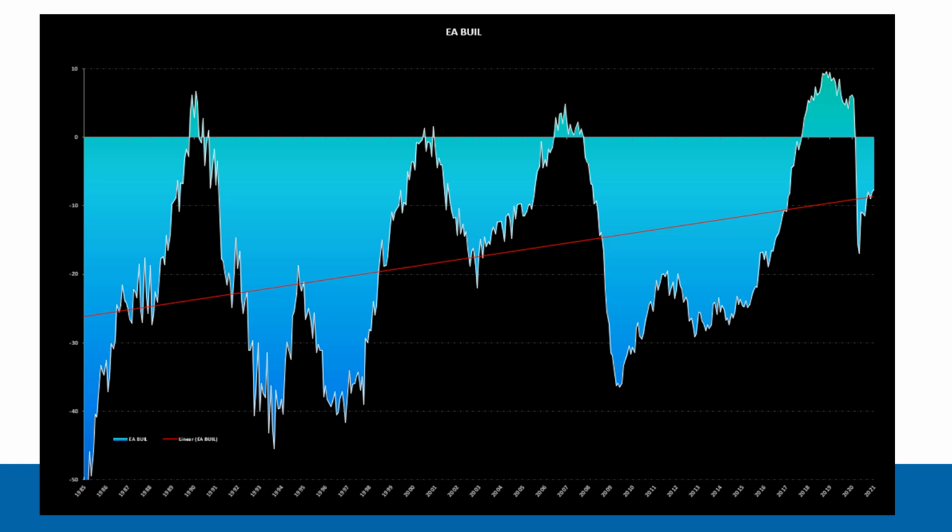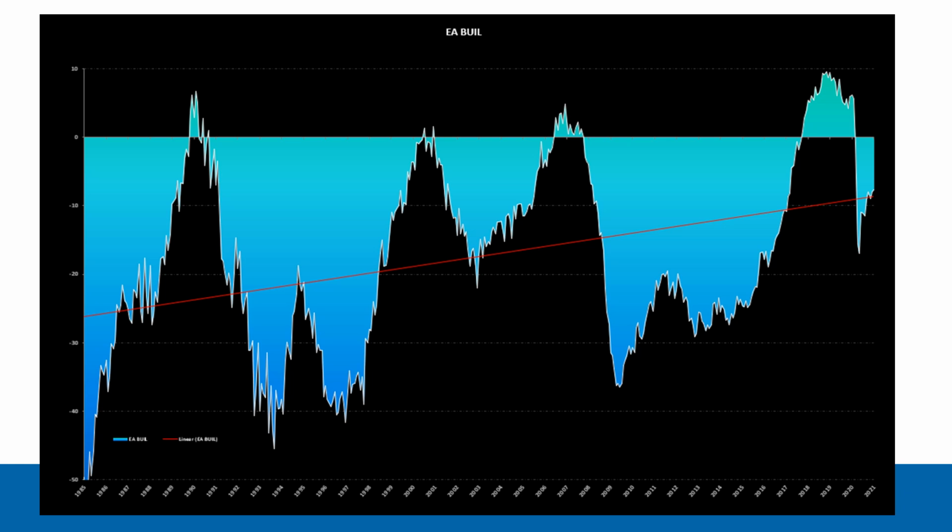But for the vast majority of situations in history, the survey respondents are pretty much, for the entire history, bearish. And for this sector, again, a low weighting, 5% contribution to the composite index.